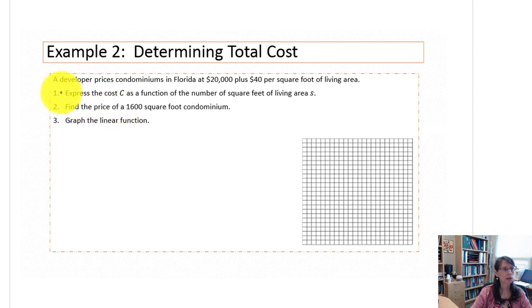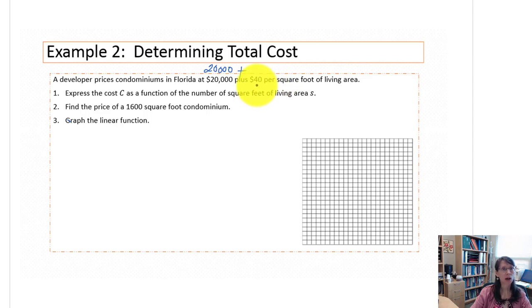So if we look back at the scenario, it says that a developer prices condominiums in Florida at $20,000 plus $40 per square foot. So plus will translate as the plus sign. $20,000 is a fixed amount, and $40 per square foot is where the price is varying depending on the square footage.